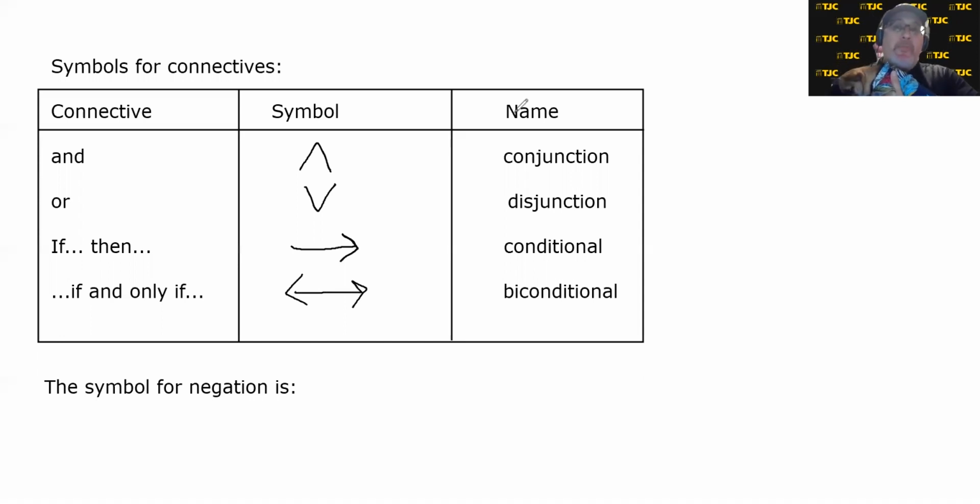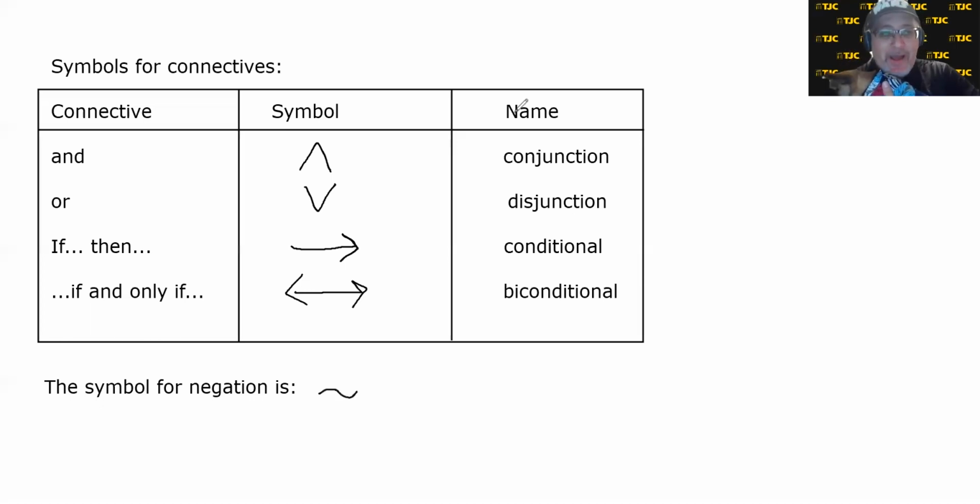That one's easy to remember because the prefix bi means two, and it's an arrow with two heads. Now, negation is not technically a connective because it does not connect two simple statements. However, we do need a symbol to represent the negation of a simple statement. The symbol for negation is a tilde, little squiggle, and it's not usually that large.